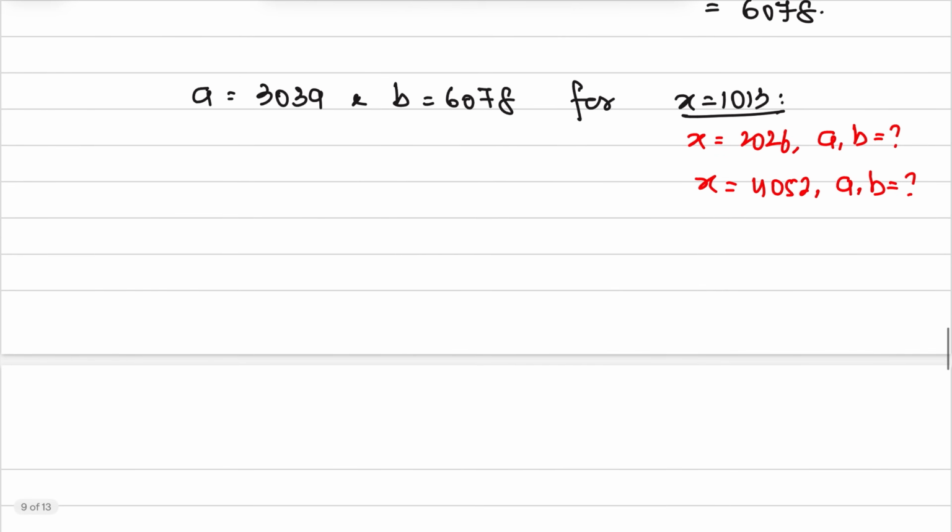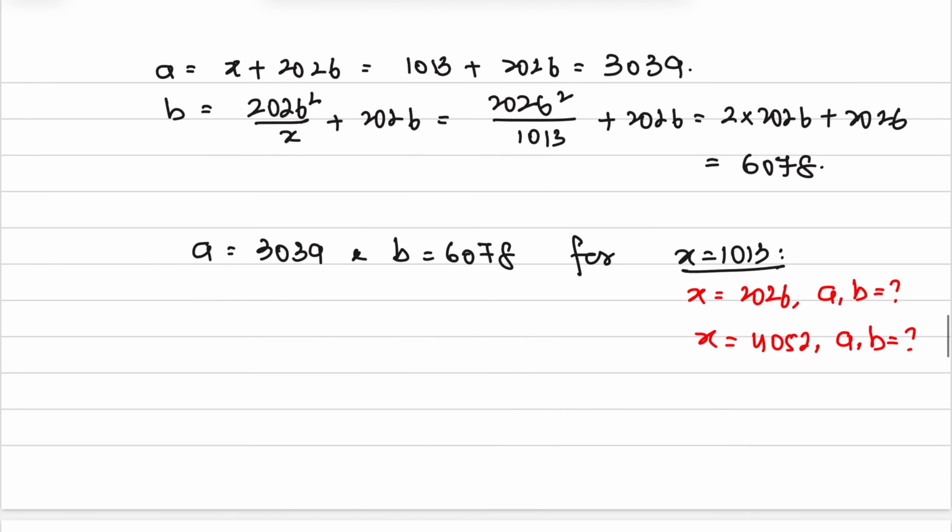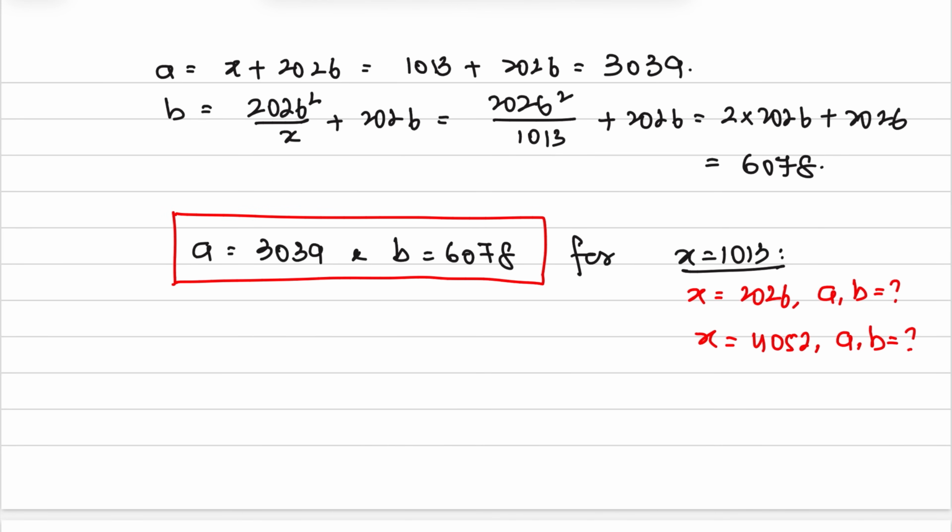Now, for x is equal to 1013, I have got the A and B values like this. There are three values possible. Out of three values, I have found out one. Remaining two values, you please calculate, when x is equal to 2026 and x is equal to 4052.